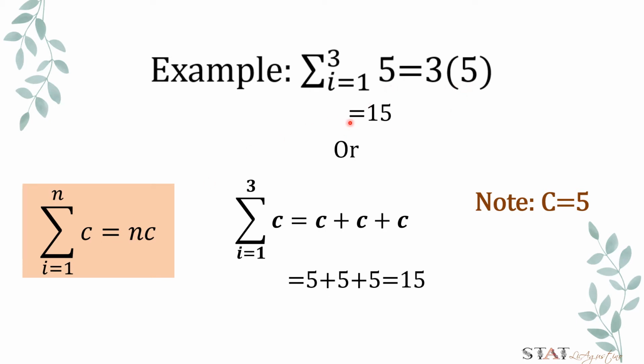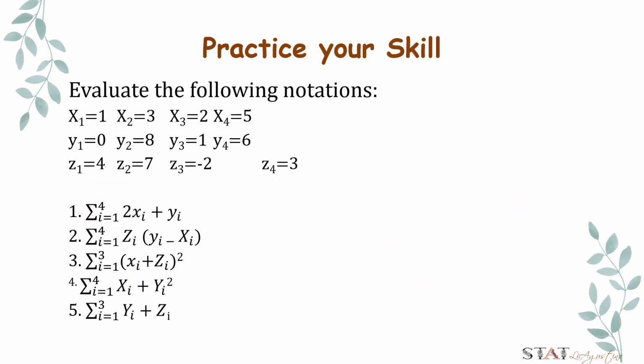So it will be equal to 15. Or using the same expression, we have c plus c plus c, since we have 3 as the upper limit, so 3c. So 5 plus 5 plus 5 is equal to 15. That's our proof for our theorem 3.